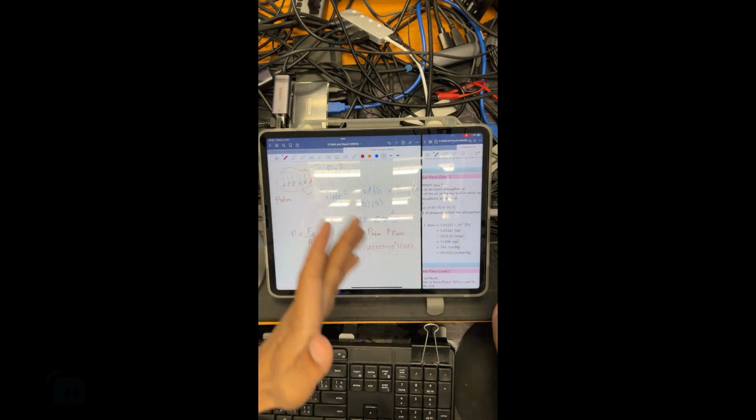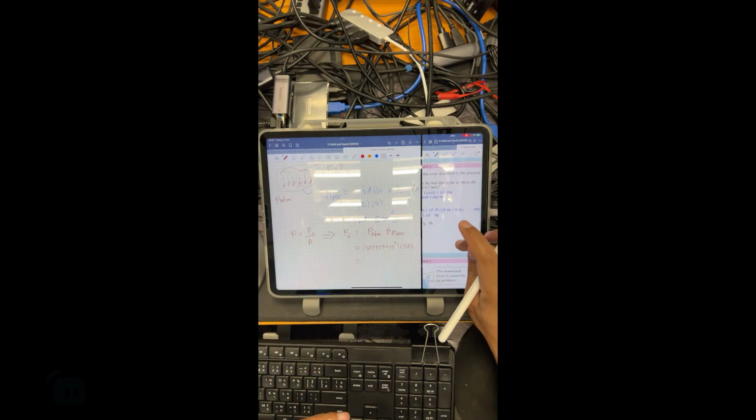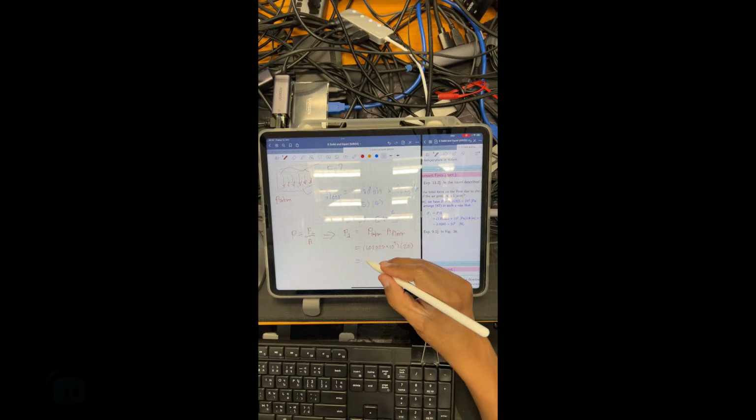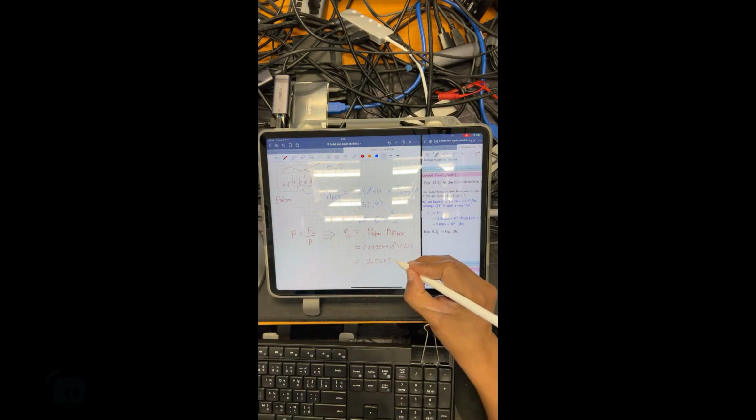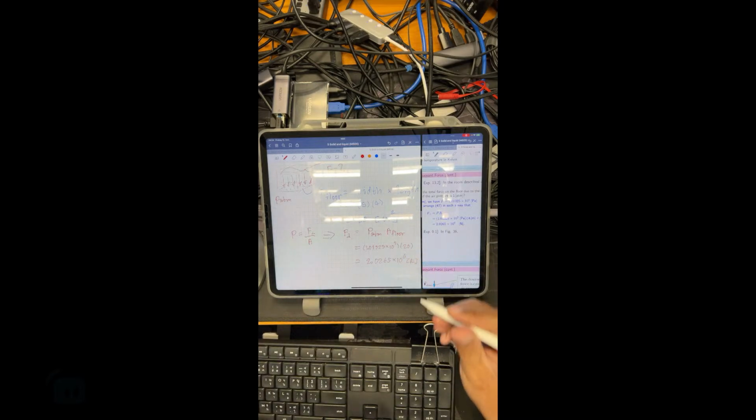And of course, you put it into the calculator, right? You're going to get 2.0265 times 10 to 6. And here is Newton, right? All of this is the result for the perpendicular pressure force.